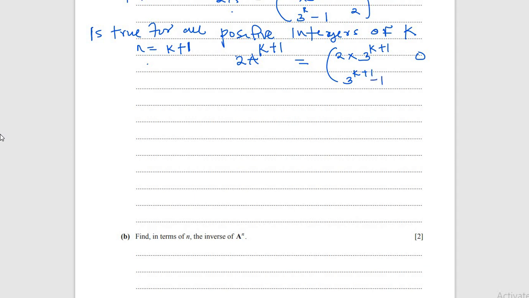Wherever I see n in the previous question, turn it to k plus 1. Now, we have to find a way to show that the left hand side is the same as this. The left hand side is 2A raised to the power k plus 1. Let's see whether the left hand side will be equal to the right hand side when n is k plus 1.